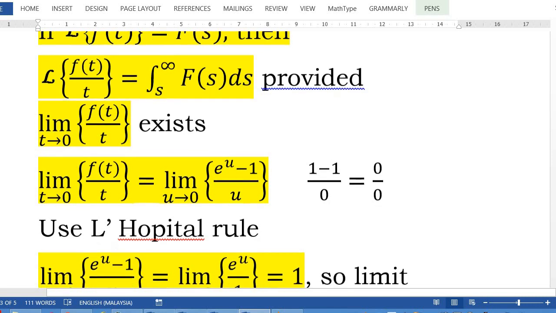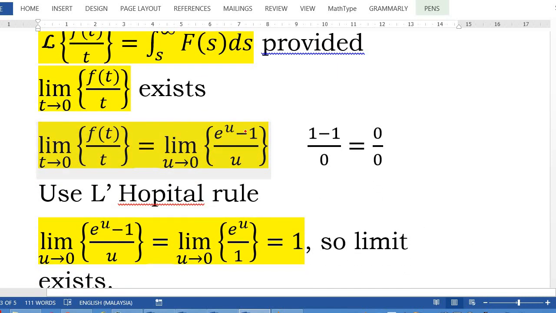So in this case, this is the limit of (e^u - 1)/u when u approaches 0. You plug in u equal to 0: e^0 is 1, so 1 minus 1 gives 0 in the numerator, and in the denominator you plug in u equal to 0, you have 0.